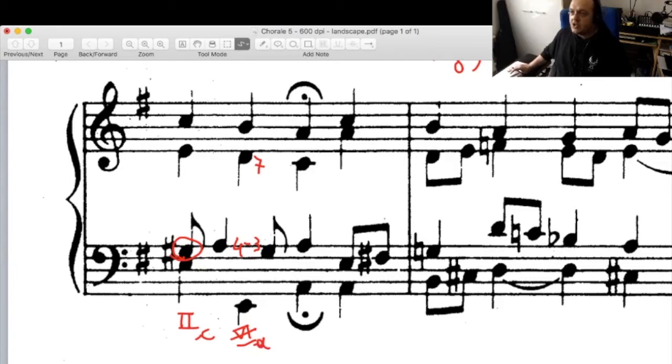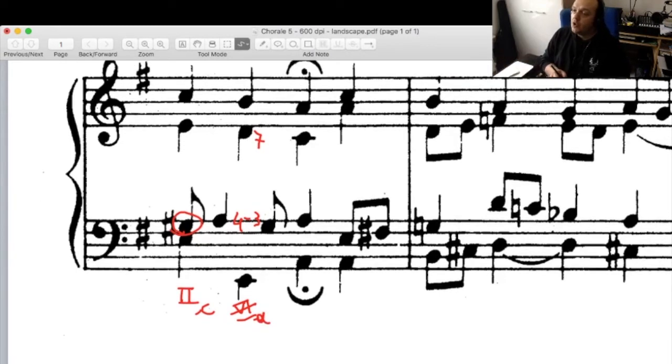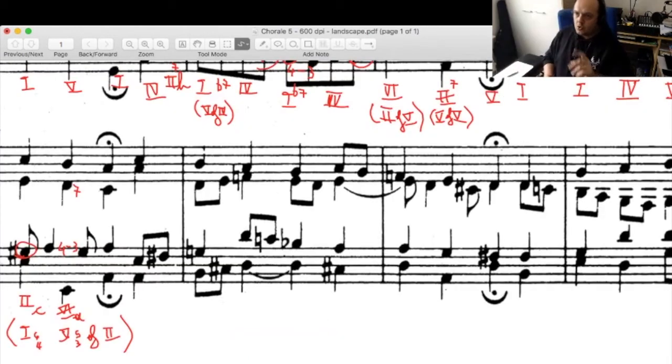So that's a cadential 6/4/5/3 into the supertonic chord. That's 1, 6, 4, 5, 5, 3 of 2, which is there. There you go. Tune.